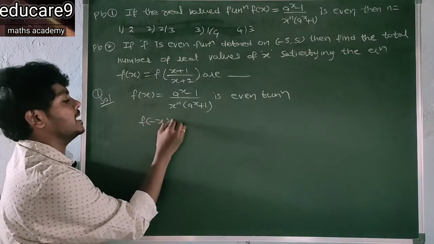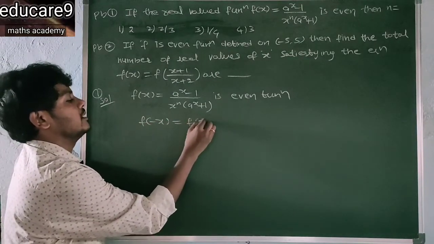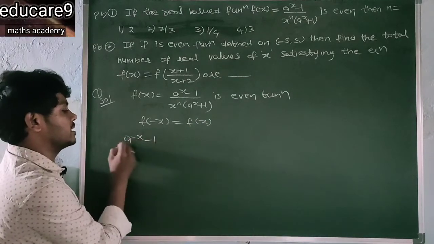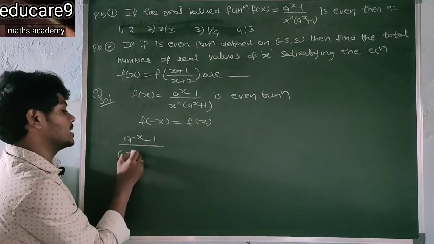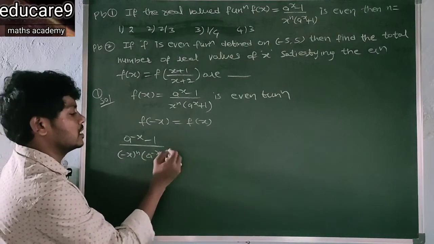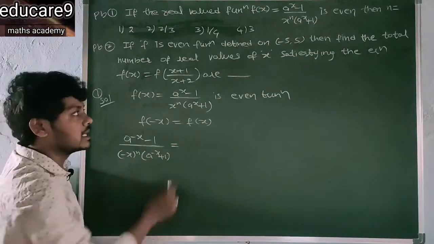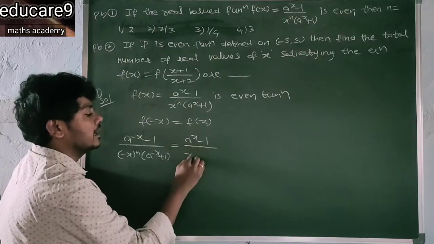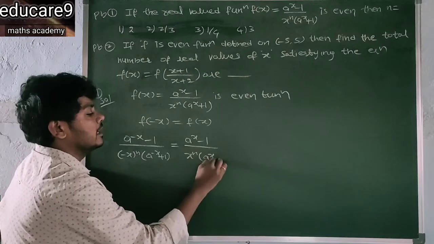f of minus x is equal to f of x. So (a^(−x) − 1)/((−x)^n (a^(−x) + 1)) is equal to f of x, that is (a^x − 1)/(x^n (a^x + 1)).